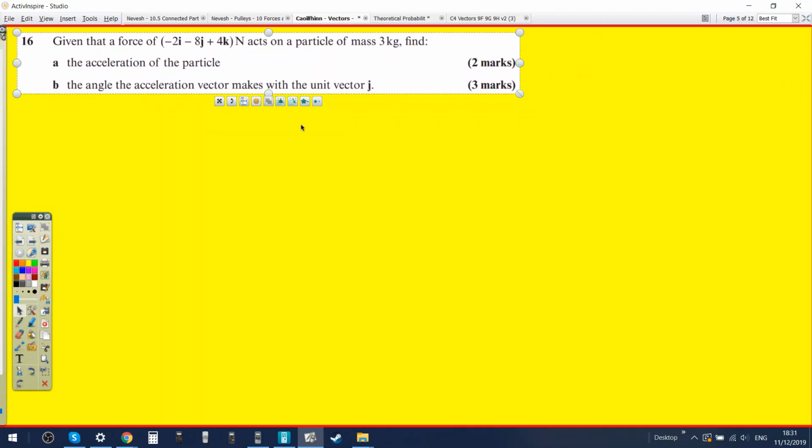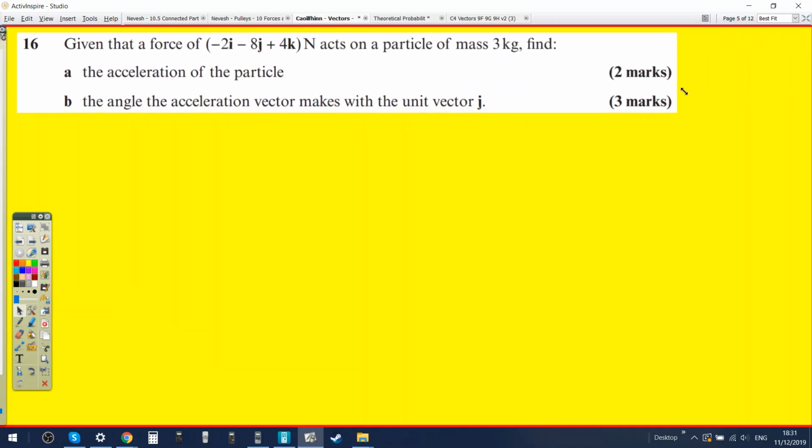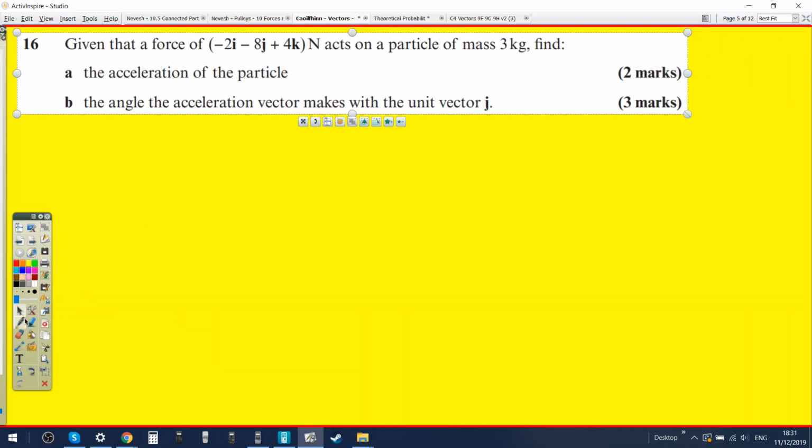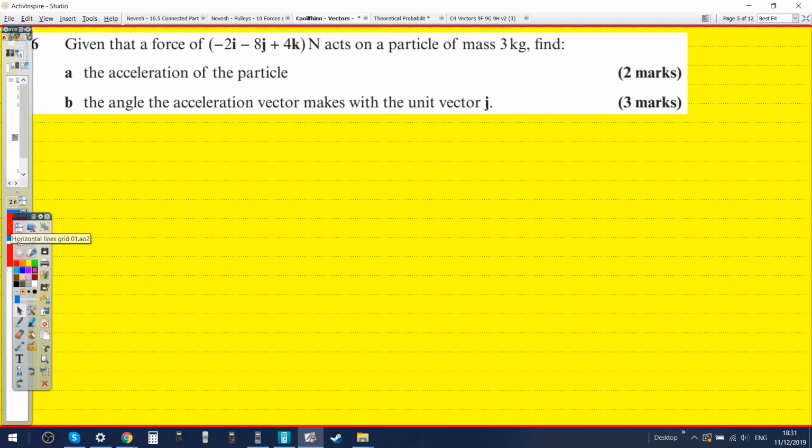Okay, how about this one? That's a particle.